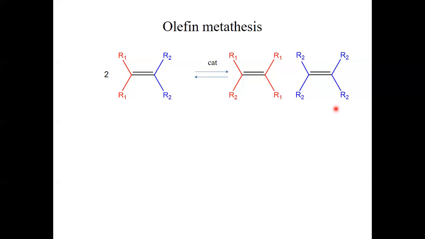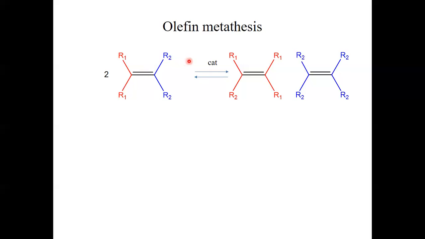Now this reaction also requires a catalyst that cleaves the carbon-carbon double bond, because there's usually no preferred way to combine the fragments that result from the carbon-carbon double bond cleavage. This is usually an equilibrium reaction.